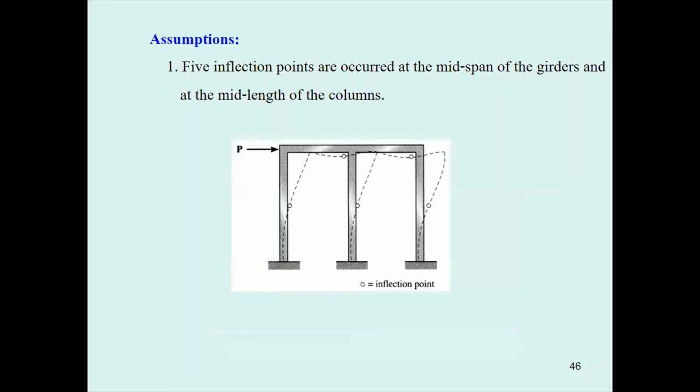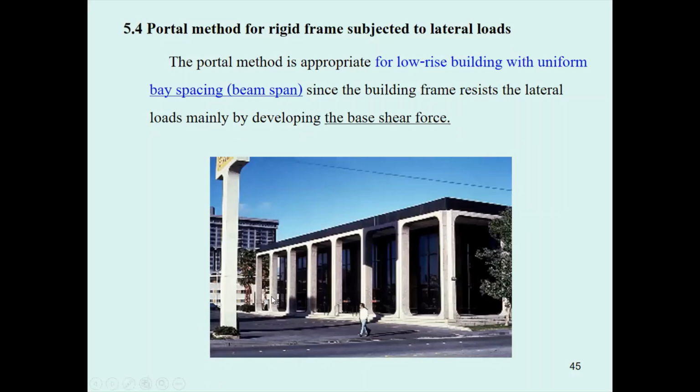Okay, but how to analyze this one? It depends on the number of bays. This one, 1, 2, 3, 4, 5, 6, 7 bays. This is going to have a pretty big degree of indeterminacy. 1, 2, 3, 4, 5, 6.